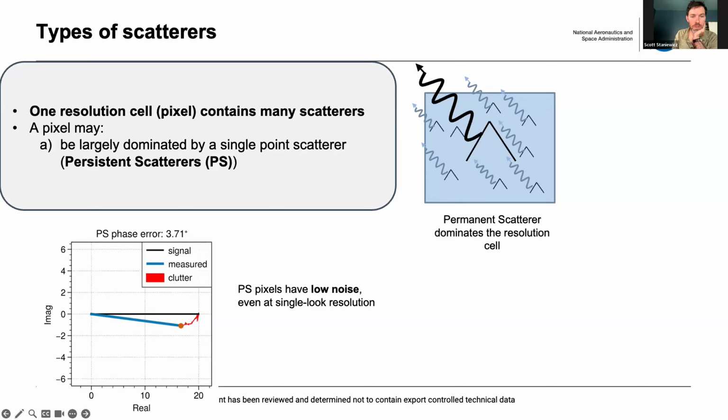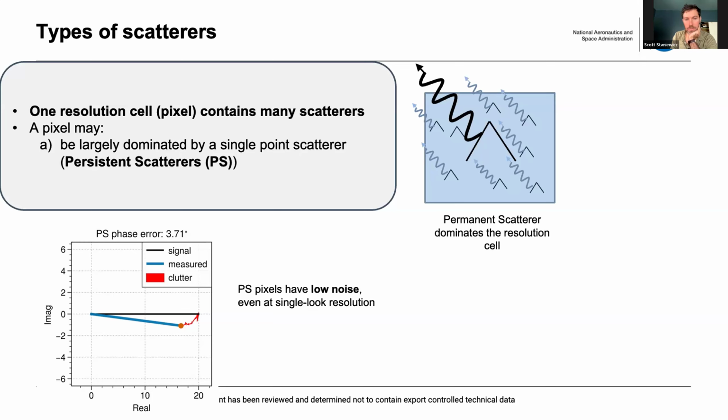Because the dominant part is so strong in amplitude, it doesn't affect the phase, which is the angle, of your measurement very far from 0. So if you really want this 0 phase measurement and you end up with something that's 3 degrees, that's still quite good, even though you haven't done any multi-looking. This is all assuming that you're working at SLC full resolution. That's one reason why people like the persistent scatterer technique, especially in urban areas where the persistent scatterers are dense.